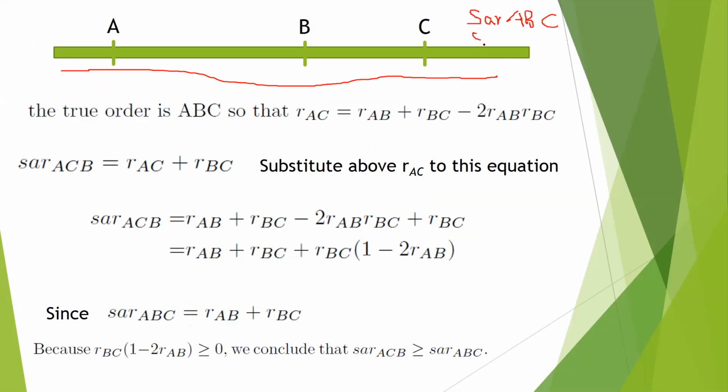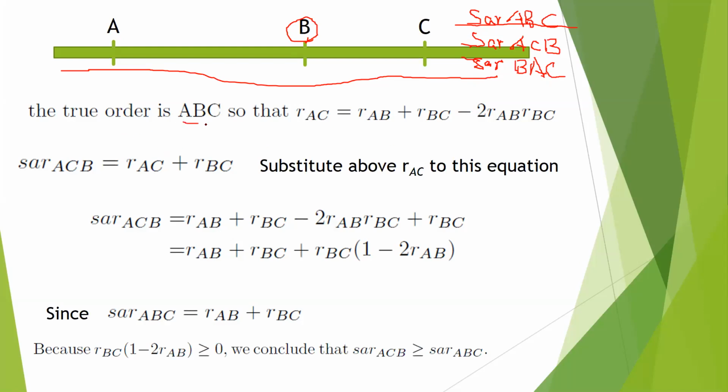In other words, we can calculate the SAR of different orders: SAR ACB, with C in the middle, or SAR BAC, with A in the middle. So we can calculate these three things. And because the right order is ABC, with B in the middle, this SAR value is always less than these two. So we're gonna prove why this is true, okay?